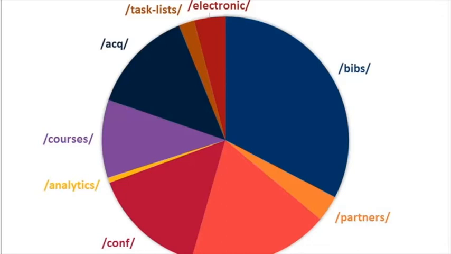I guess when you think about the types of reporting, the types of analysis, the types of integration that you might do with external systems, then bibliographic records, users, and courses would come to my mind, I suppose, as the areas where most integration is likely.